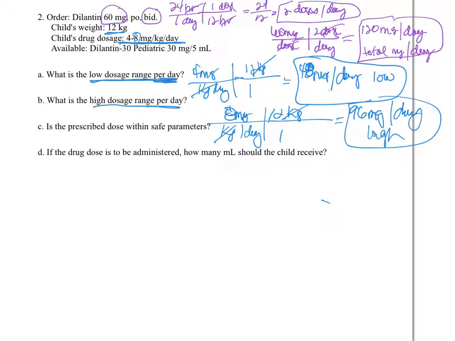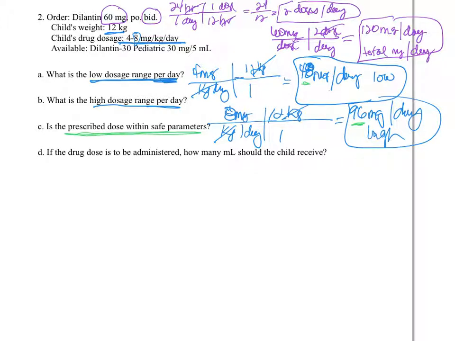Okay. Now, we're going to look at is the prescribed dose within safe parameters. So our low dosage range per day was 48 milligrams. Our high dosage was 96 milligrams.